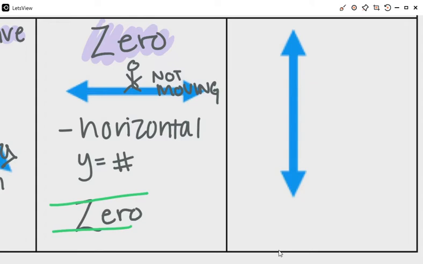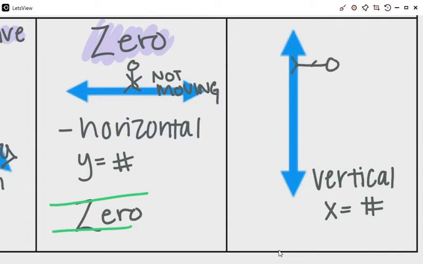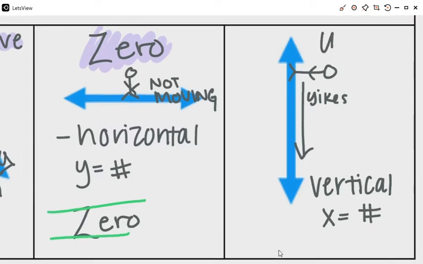Our last slope is a vertical line. This will always be written as x equals a number. If you put a person on here, yikes. That is an instant drop. But also, this wouldn't happen, right? You'd never be at something going straight up and down. So this slope is called undefined.